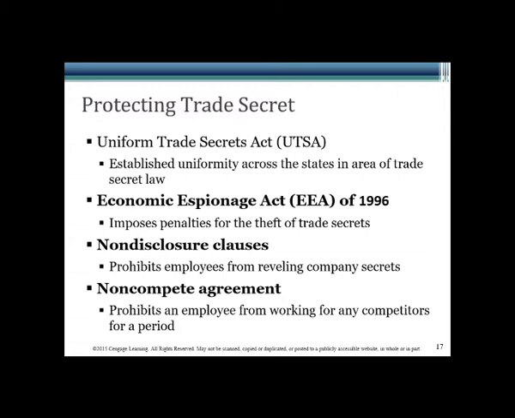The UTSA defines a trade secret as information including a formula, pattern, compilation, program, device, method, technique, or process that, number 1, derives independent economic value, actual or potential, from not being generally known to and not being readily ascertainable by persons who can obtain economic value from its disclosure or use. And number 2, is the subject of efforts that are reasonable under the circumstances to maintain its secrecy.